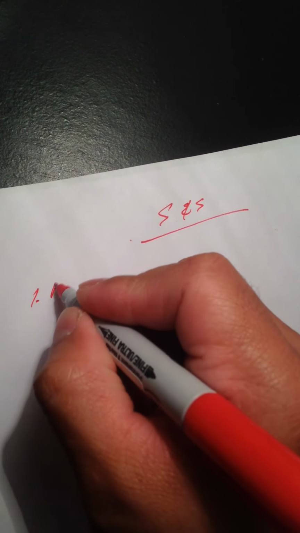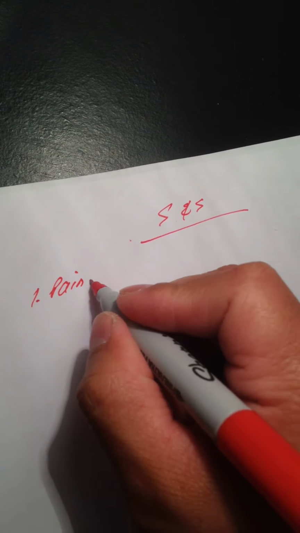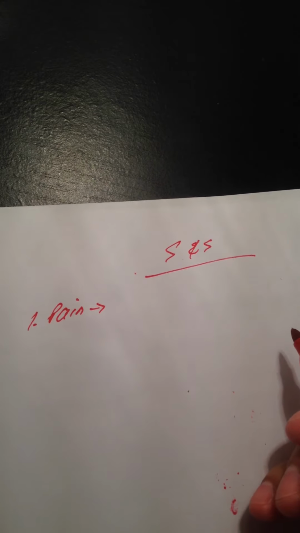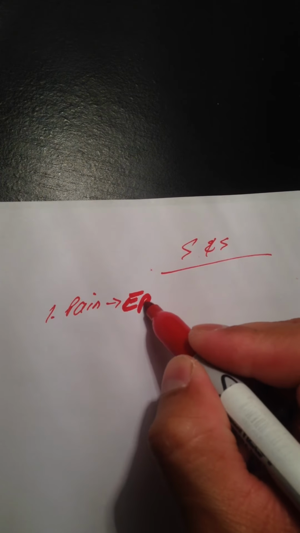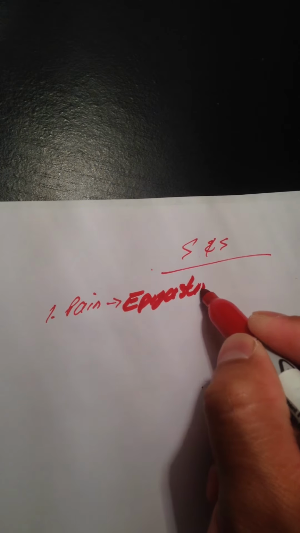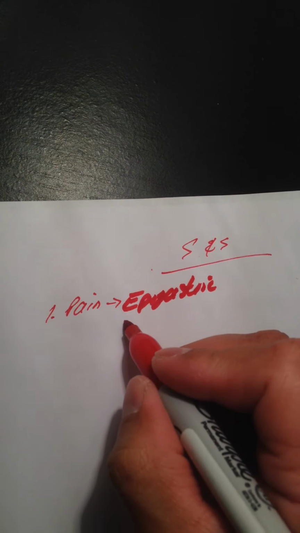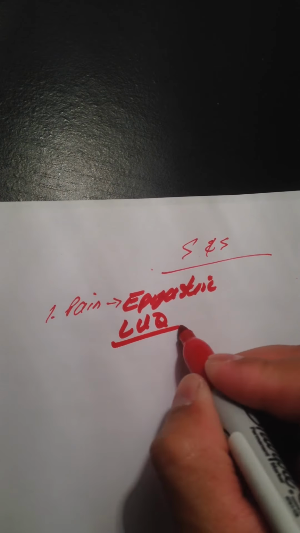Number 1, pain. More importantly, you have to know the location, because your NCLEX wants to know if you know where this pain is at. So more specifically, it'll be in the epigastric region and or the left upper quadrant region.